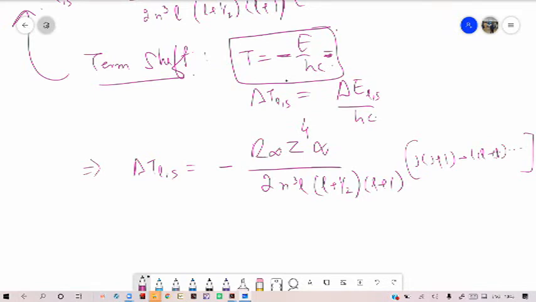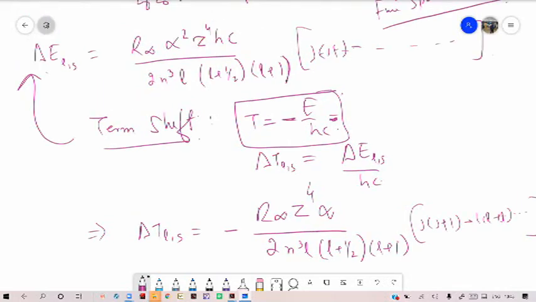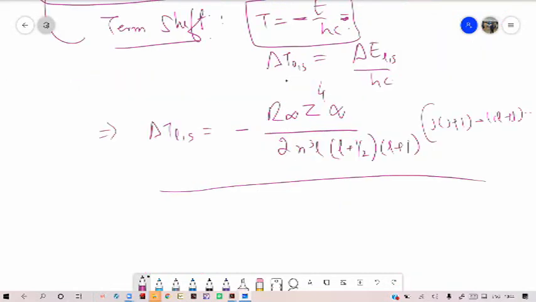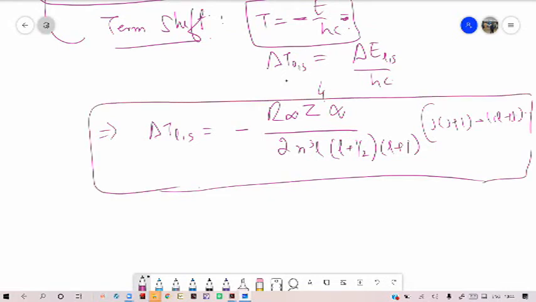The final expression is here. You can remember this expression, or you can remember the term shift expression.